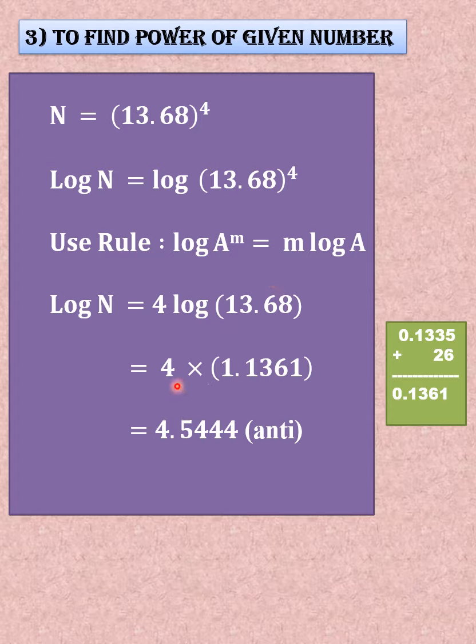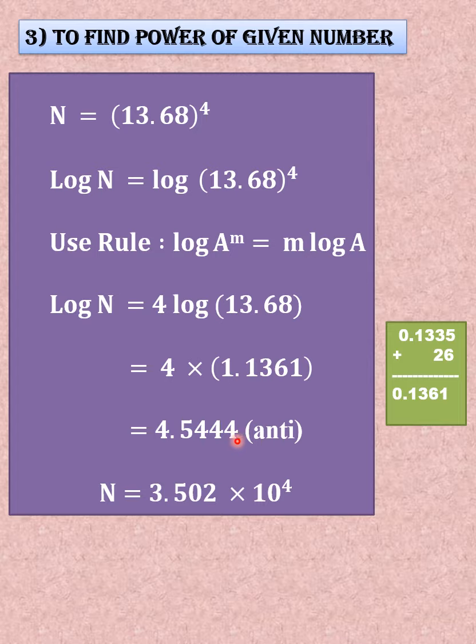Don't make the mistake of taking the log of both again. Just multiply by 4. So finally you get 4.5444, and take the antilog of this number. So antilog of this number means what?